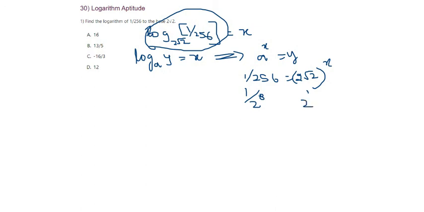It can be written as 2 to the power 1 into 2 to the power 2 of root, which is nothing but half. So half whole power x. You can write it this way too. And your 1 by 2 to the power 8 will become 2 to the power minus 8 when you simplify.